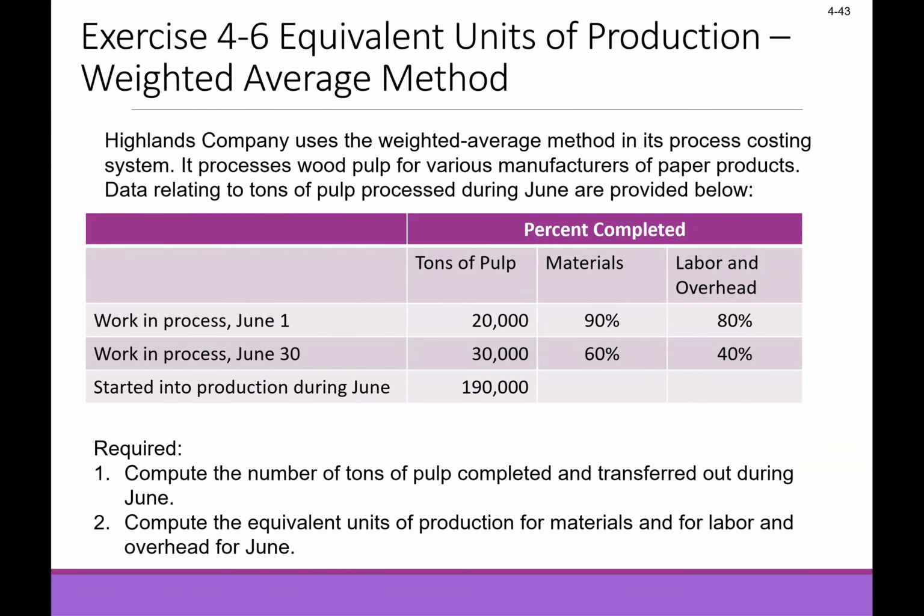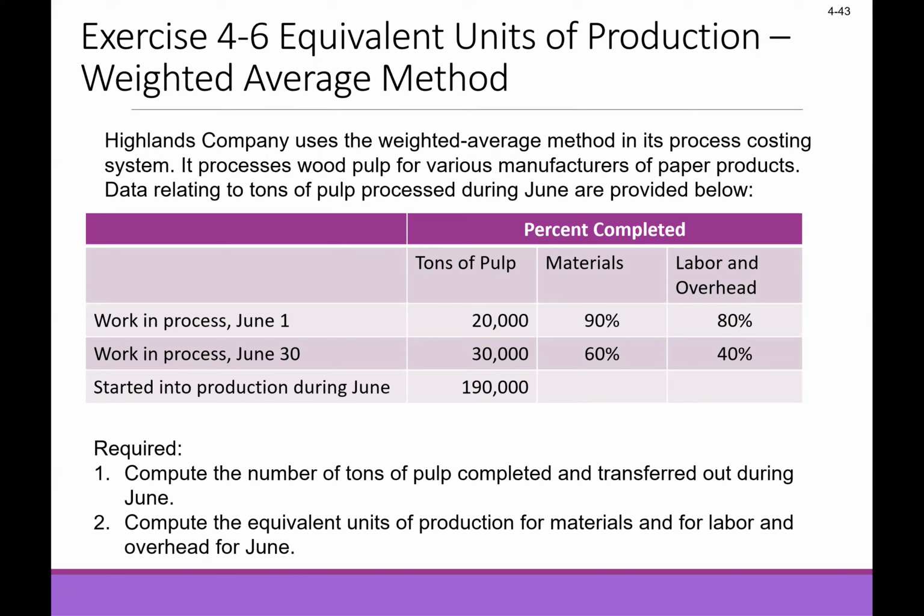So if we look at this question here, Highland's company uses the weighted average method in its process costing. It processes wood pulp for various manufacturers of paper products.